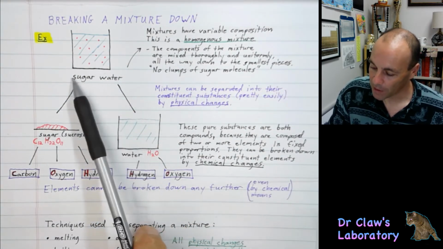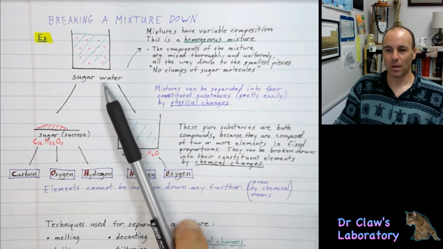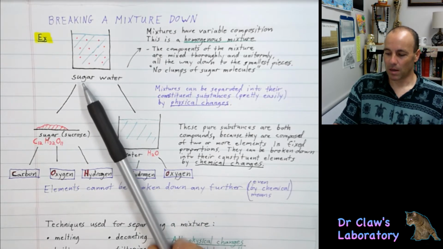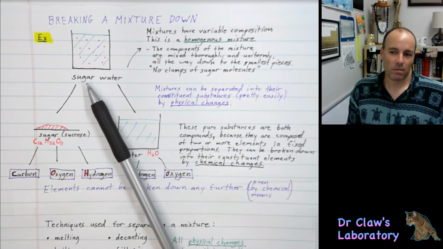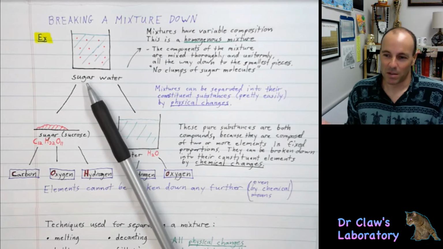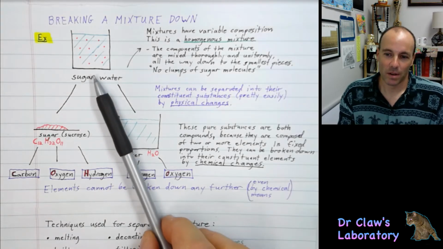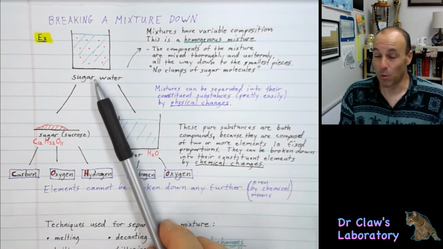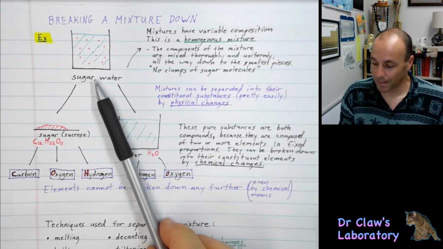So this is sugar water. It's a mixture because it has variable proportion. Sugar water you get over here might contain lots of sugar, but sugar water you get over there might contain a little bit. So it depends on where you get your sugar water. That determines the proportions of sugar versus water.